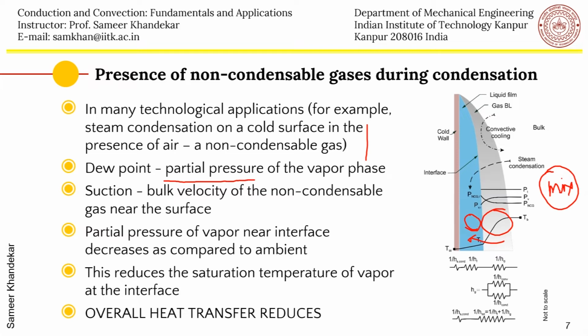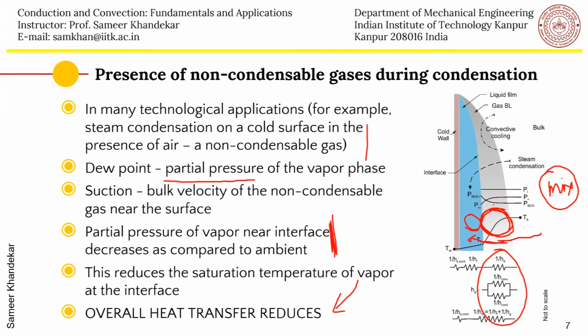What happens is that because this region is depleted of vapor, the partial pressure of vapor near the interface decreases as compared to the ambient, and this reduces the saturation temperature of vapor at the interface. Eventually, the vapor has to pass through the diffusion layer, an extra resistance, to reach the interface and condense there.